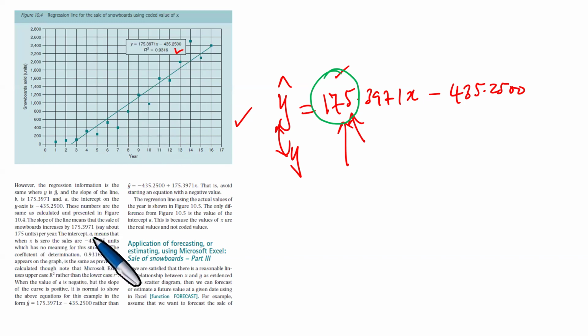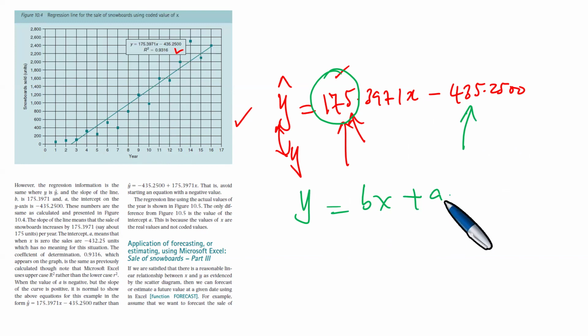The intercept A, what does the intercept A mean? This thing here, what does it mean? Because now if you say it is Bx plus A, it means that there's an increase because it's positive there. The number of sales increases by 175 per year. The intercept A means when X is 0, the sales are these.